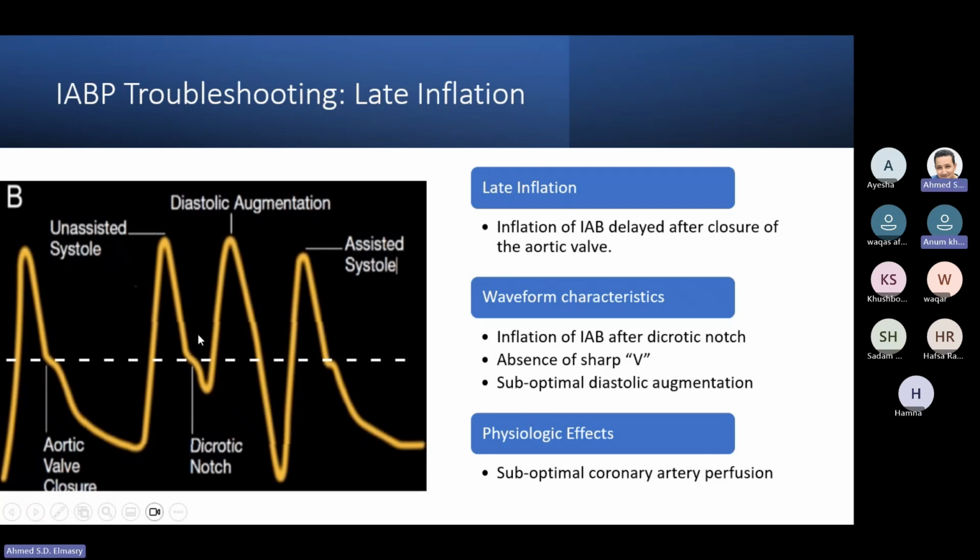So what happens in vasoplegia is that the dicrotic notch moves from this point to this point, and the inflation, instead of happening at this level, happens at this level. So you will not be able to reach this point. Two reasons: the balloon occlusivity is suboptimal, and the inflation point happens at a lower level.